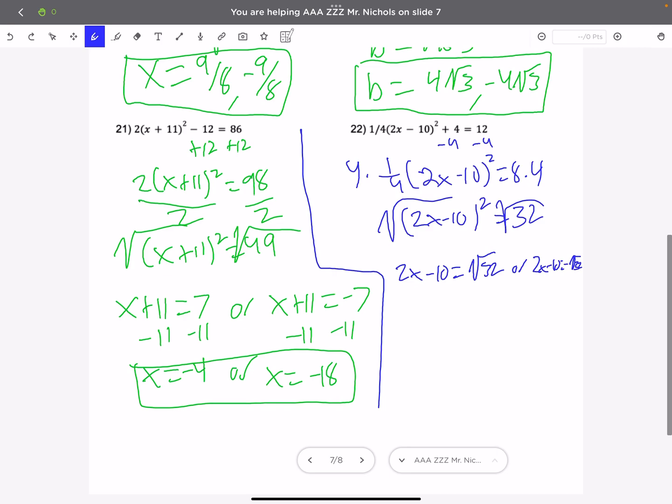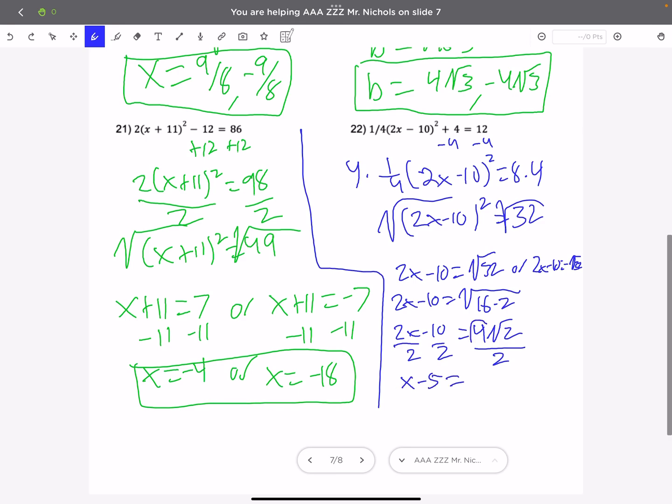Now, first off, square root of 32 is just square root of 16 times 2, which becomes 2x minus 10 is equal to 4 square root 2. Now, at this point, I have a common factor between 4, 10, and 2, which is 2, so I can actually divide everything by 2. Now when I do this, I get x minus 5.